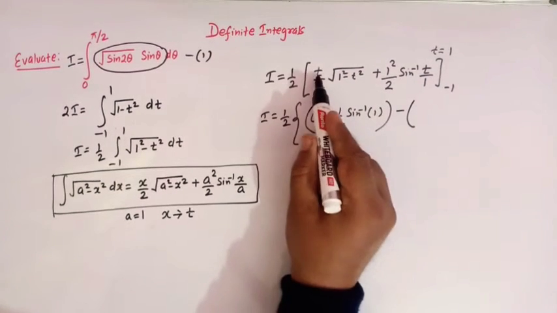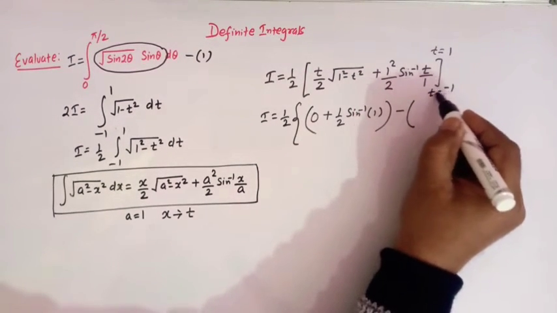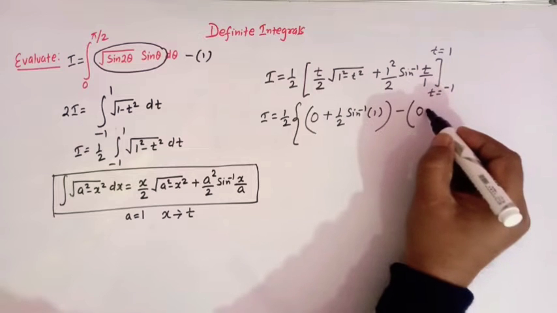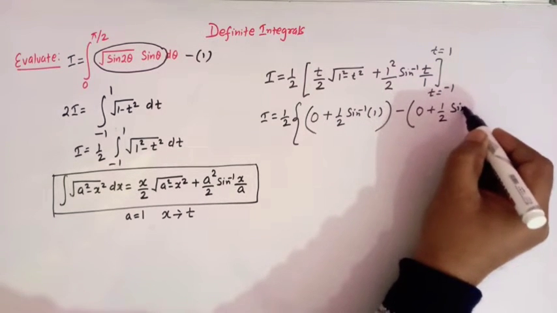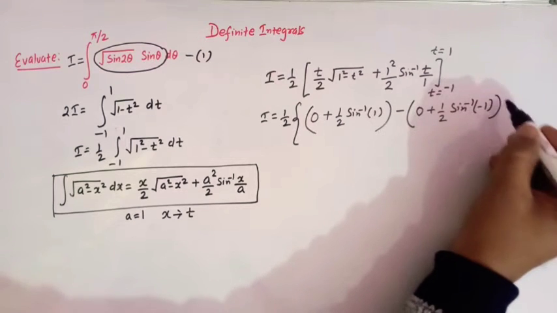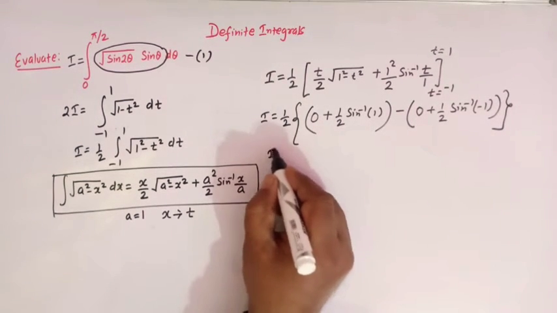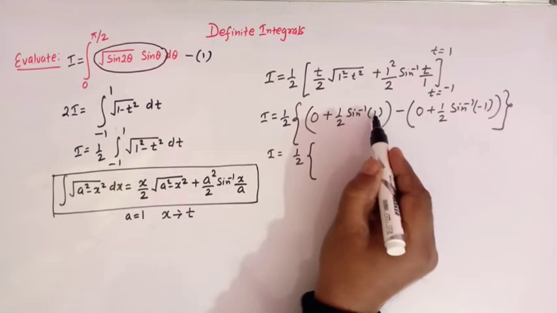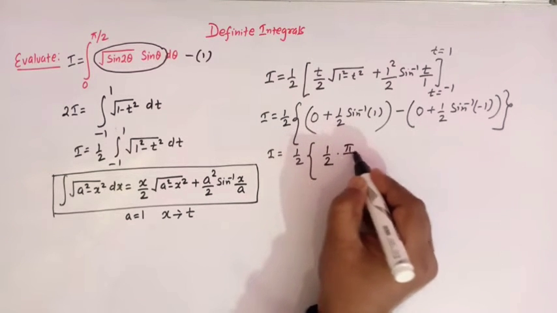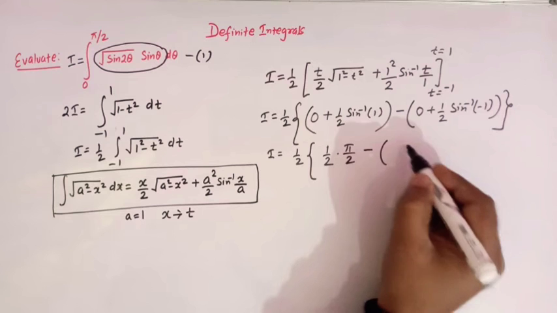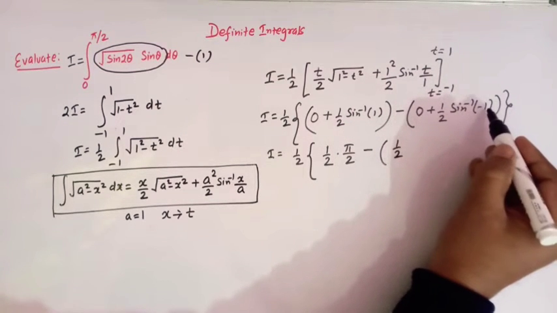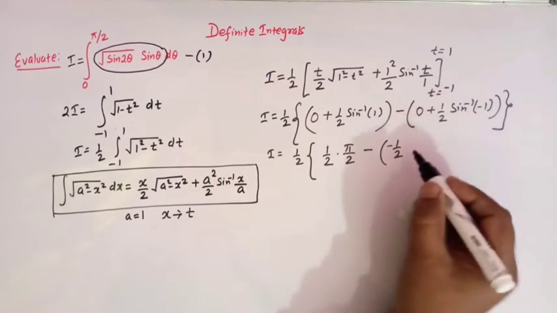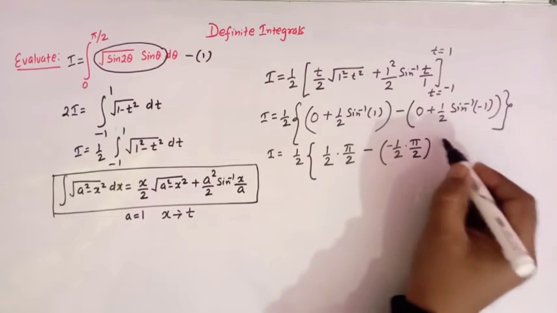And minus, when t is equal to minus 1, again the first term becomes 0, and here we have 1 over 2 sine inverse minus 1, right? Okay, so now I can be written as half, and here sine inverse 1 is pi over 2, and minus half times sine inverse minus 1, we can take this negative sign outside, and sine inverse 1 is pi over 2, right?